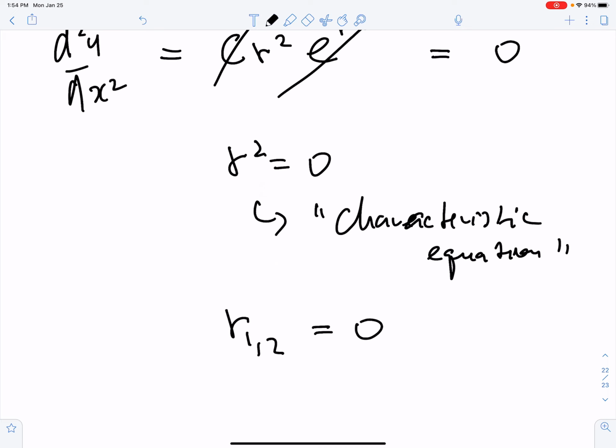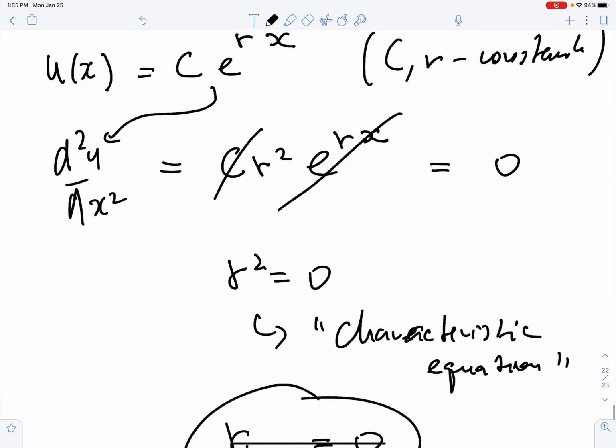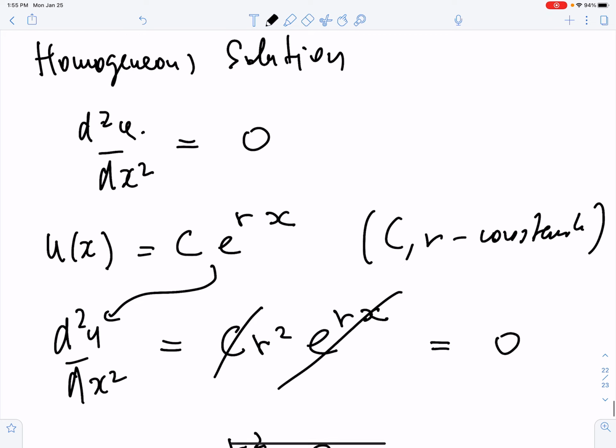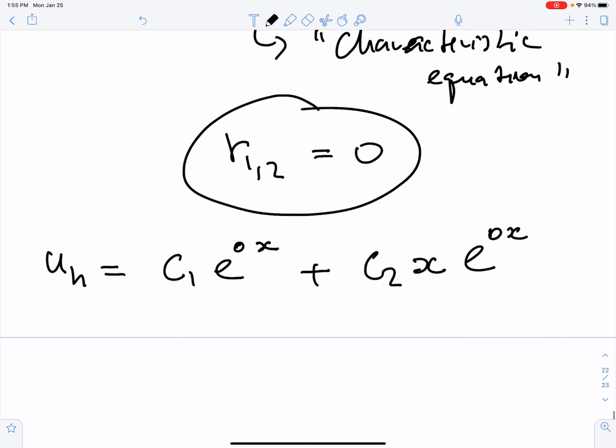So in that case, where we have a repeated root, then your u, and again, we're talking about the homogeneous solution, so don't forget to put the h here, u_h equals some constant c1 e to the r is 0 times x, plus c2, next term, x, and then e to the 0 times x, okay?